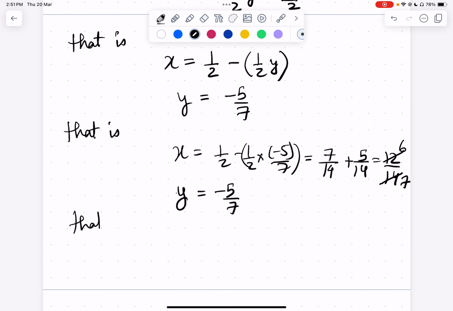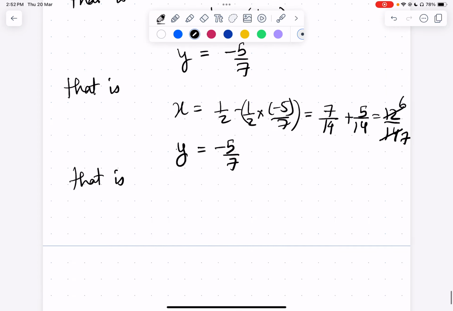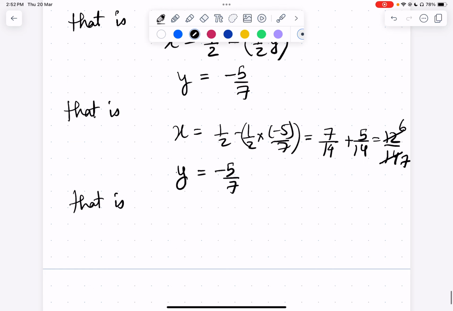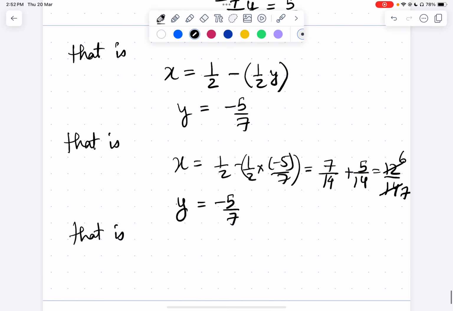That is, x is equal to 6 by 7, y is equal to minus 5 by 7.